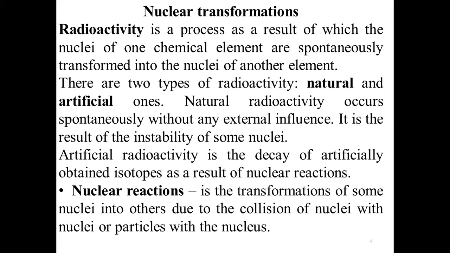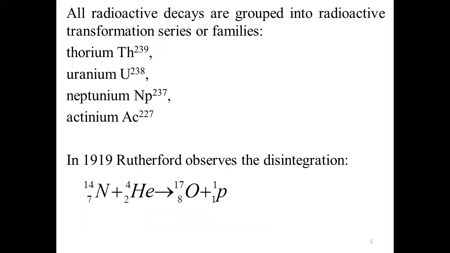Artificial radioactivity is the decay of artificially obtained isotopes as a result of nuclear reaction. And nuclear reaction represents the transformation of some nuclei into others due to collision of nuclei with nuclei or particles with the nucleus.